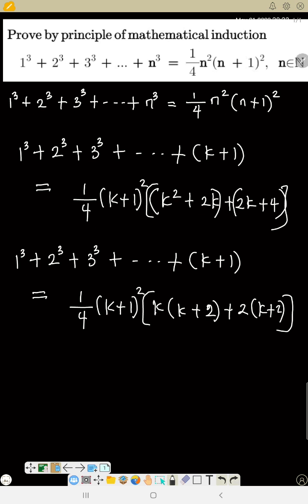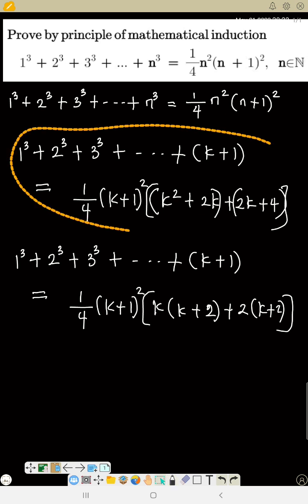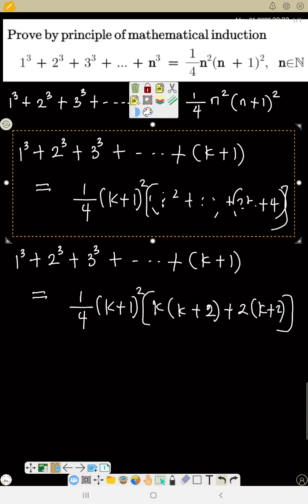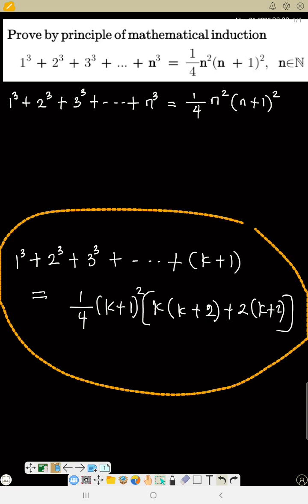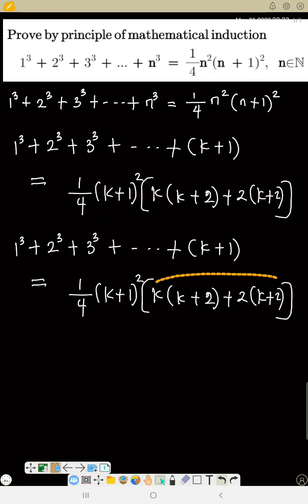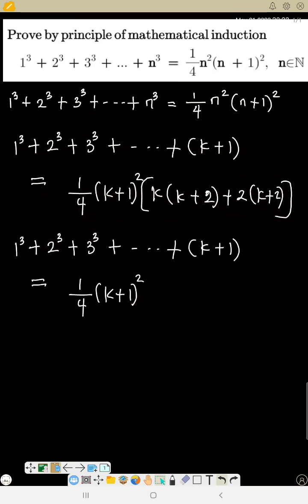Take 1 out of the 2 is common. So take 1 out of the 2. Please remember there is power 3 there. Don't forget, I removed it before.